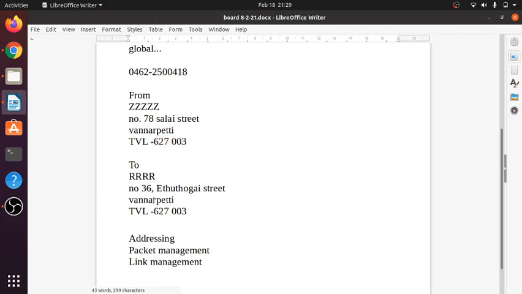Now the postman is responsible for identifying this street, Ettudogi street. He has to identify this street, and the postman will normally arrange the letters in ascending or descending order. This is the local delivery happening by the local postman, taken care of by the local post office.